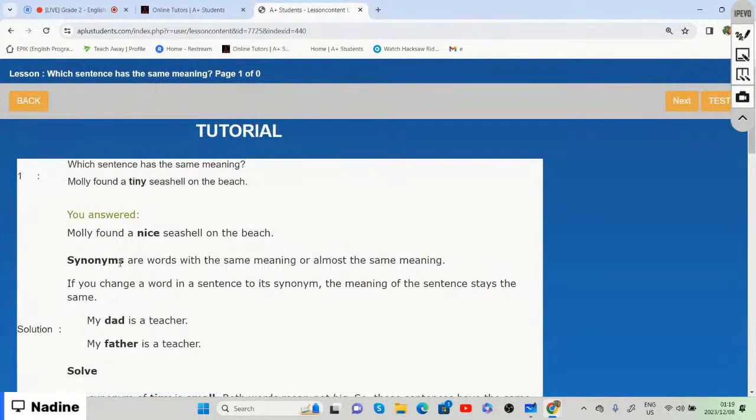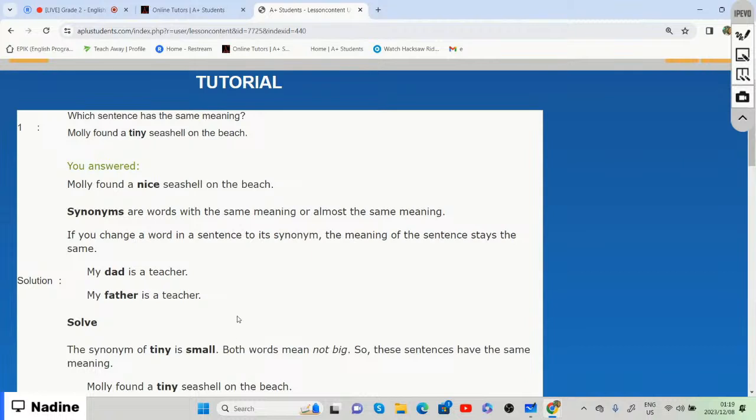Now we're going to see which sentence has the same meaning. Once again, synonyms are words with the same meaning, or words with almost the same meaning, right?